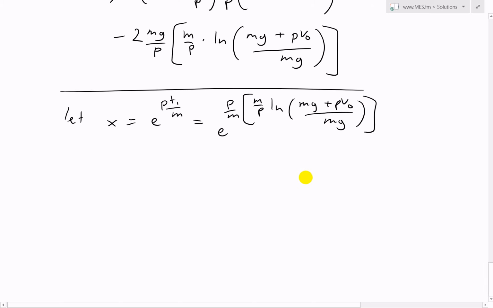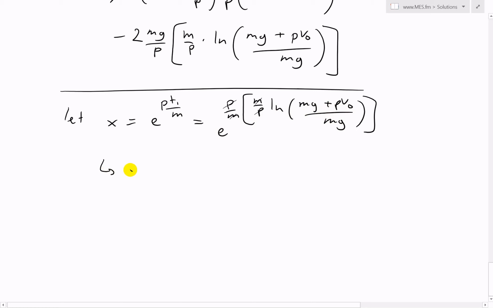As you can see here, this cancels with that, and we're left with e to the ln of mg plus pv0 over mg. And recall the natural log properties in my earlier videos. You can see that in the video link below. e to the power of ln of anything, the e and ln cancel. We're just left with the numbers inside the ln function.